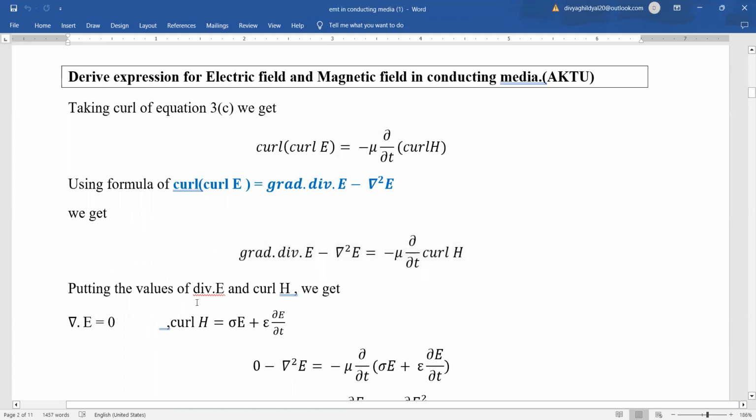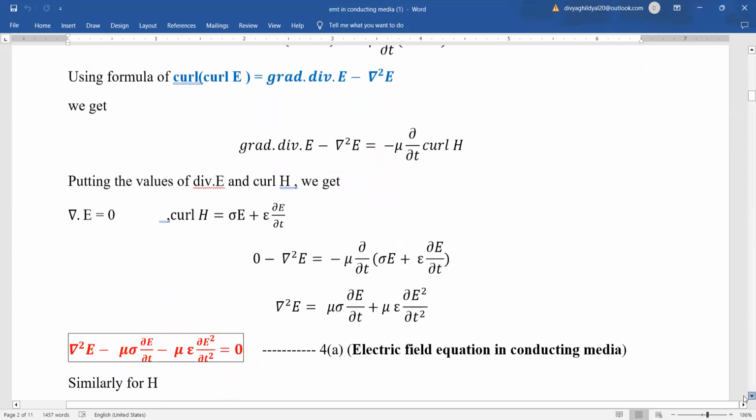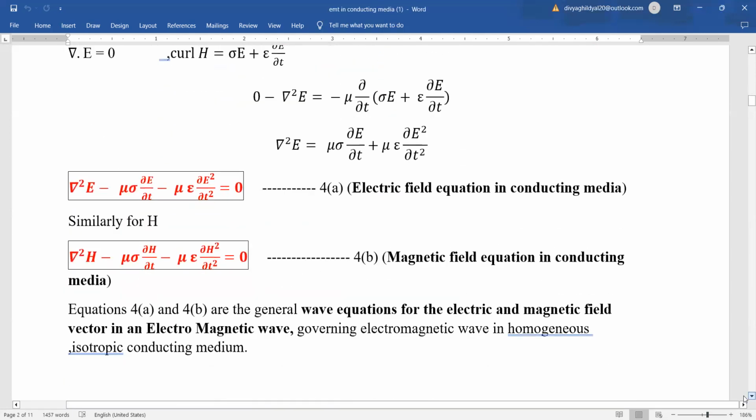Now, we will put the value of divergence E and curl H from Maxwell's equation. So del dot E is equal to 0 and curl H is equal to sigma E plus epsilon del E by del T. The moment we put these values in this equation, the equation reduces to del 2E minus mu sigma del E by del T minus mu epsilon del 2E by del T2 equal to 0.